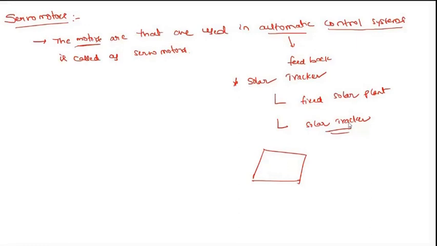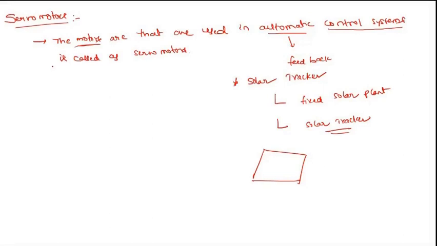In a fixed solar plant, it is perpendicular only at one time, and the remaining time it is at some angle. If the perpendicular angle is maintained the entire day, we get maximum efficiency. To achieve that, we use the solar tracker, which works with the help of servo motors. That is the best example for servo motors. So this is the definition of the servo motor.